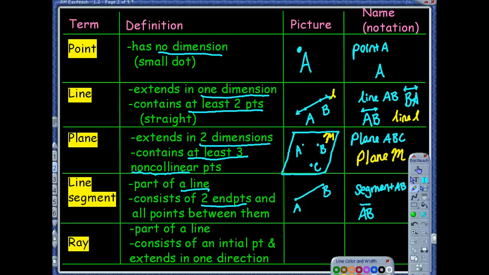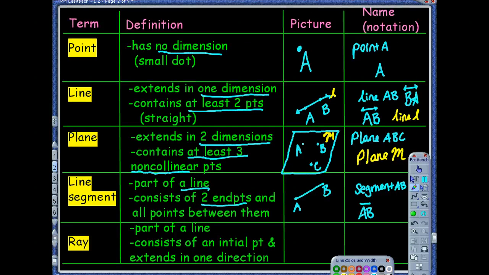If you go back up and look at the line she drew a couple rows above, that line actually contains a segment, the segment that's part of that line. Now you could also name the line segment she drew. Instead of segment AB, you could call it segment BA, because it has the same 2 endpoints and the points between.